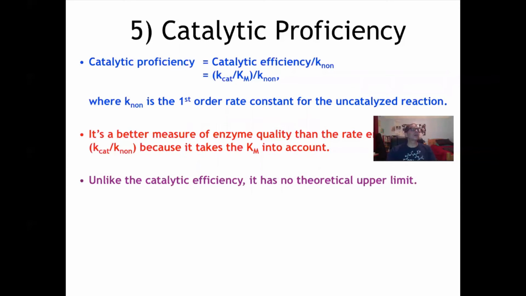As we just learned, the catalytic efficiency has a theoretical upper limit. No enzyme can do better than the diffusion limited rate. And so catalytically perfect enzymes all have roughly the same catalytic efficiency, somewhere in the 10 to the 8th to 10 to the 9th molar to the -1 seconds to the -1 range.